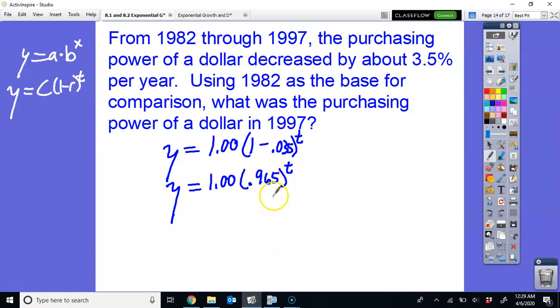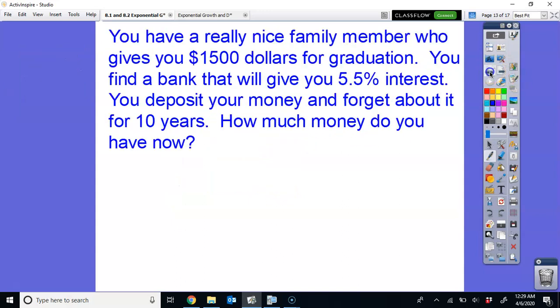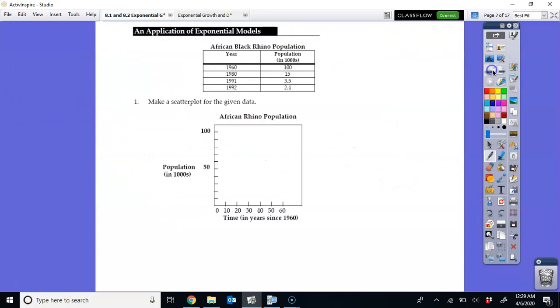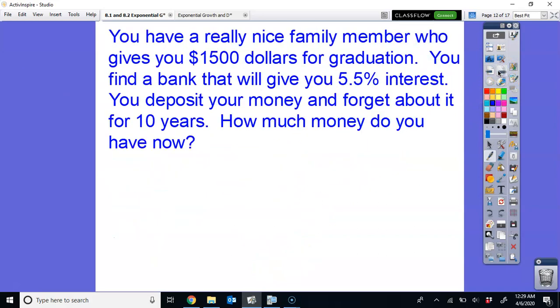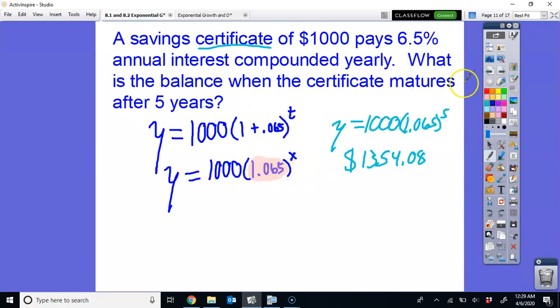That means every year the dollar was 96.5% of what it used to be. It's only worth a fraction of what it used to be. Just like that example of cutting in half every single time for March Madness. 50% of the teams were left each round. So 96.5% of the dollar is left each round.